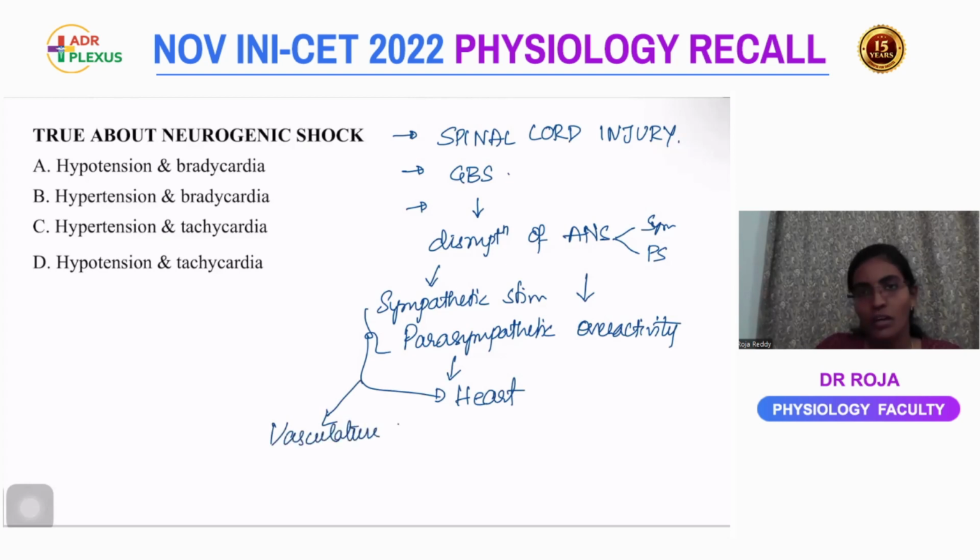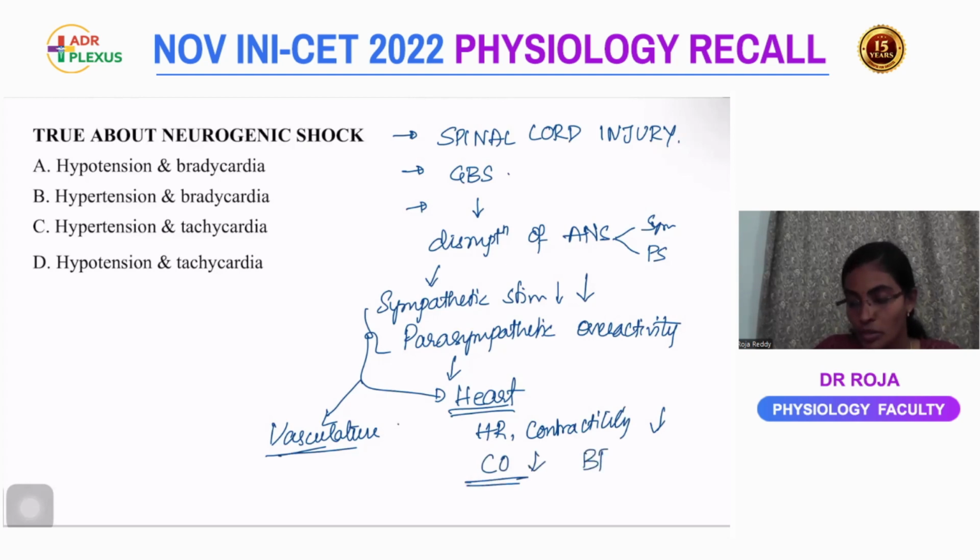At the level of the heart, if the sympathetic stimulation is reduced, the heart rate and the contractility will be reduced. And if both are reduced, what will happen to the cardiac output? Reduced. What will happen to the blood pressure? Reduced. So you will see hypotension.